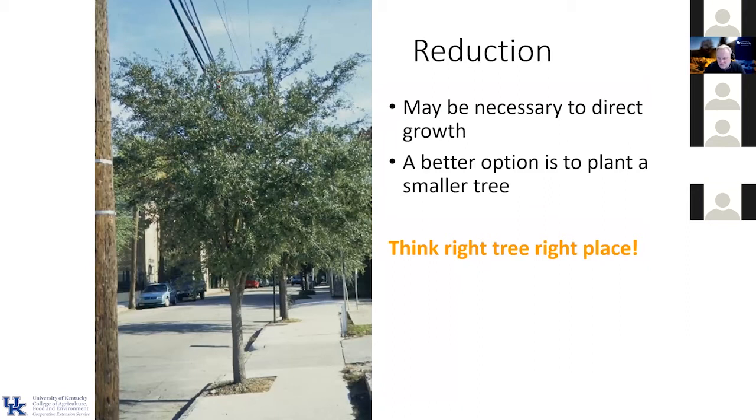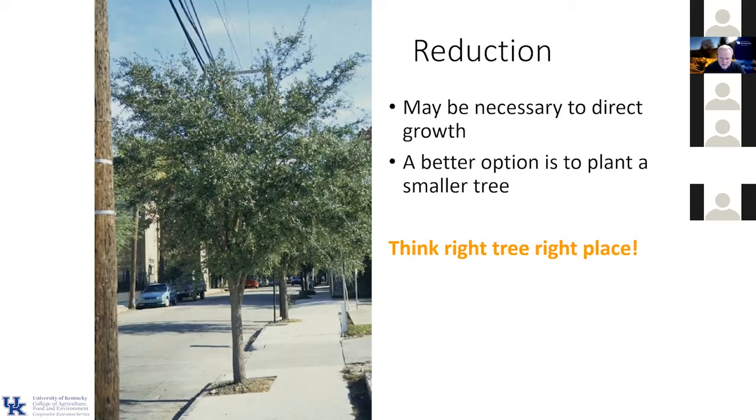Reduction cuts, even proper reduction cuts, may buy you 2 to 3 years in this situation, but the ultimate solution will be just to take that tree out and put something back in that spot that's more appropriate, or nothing at all in this case. Maybe a shrub is better. Maybe a tree's not going to work here at all.